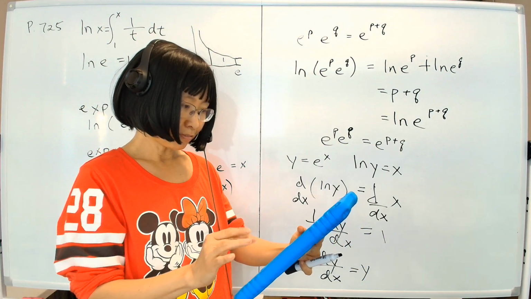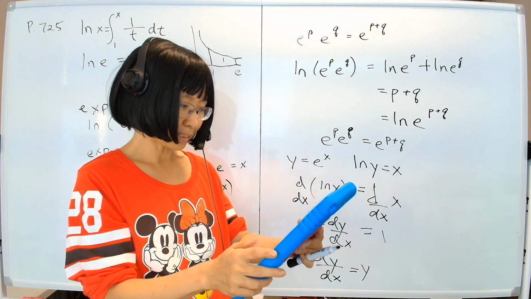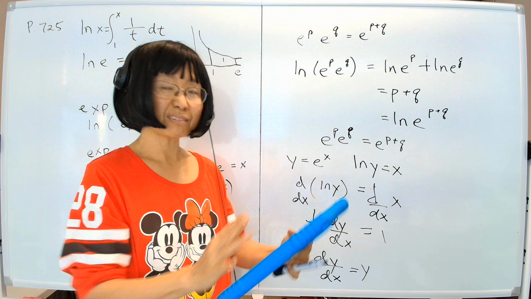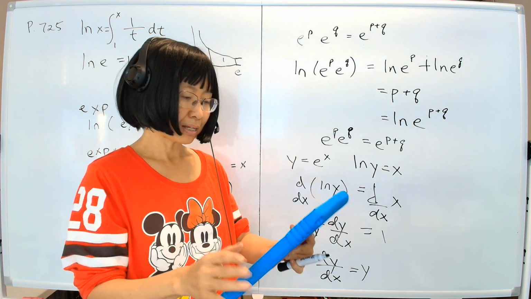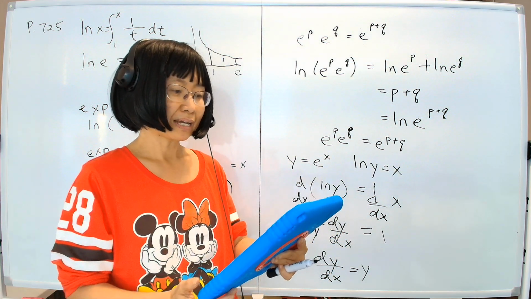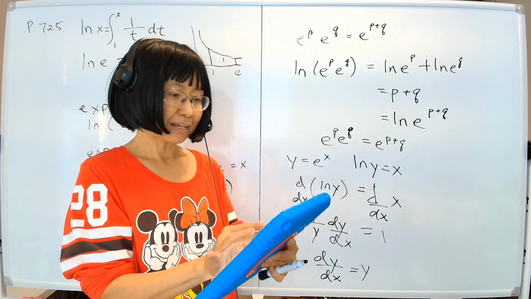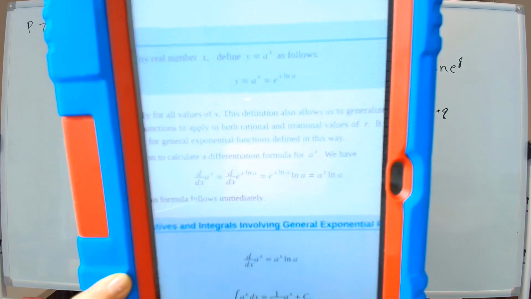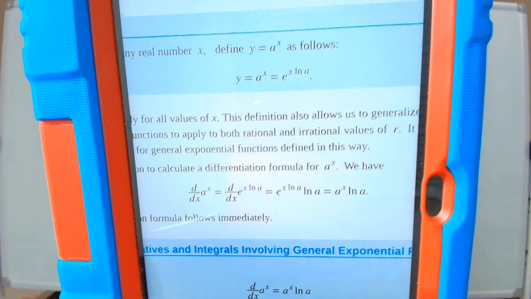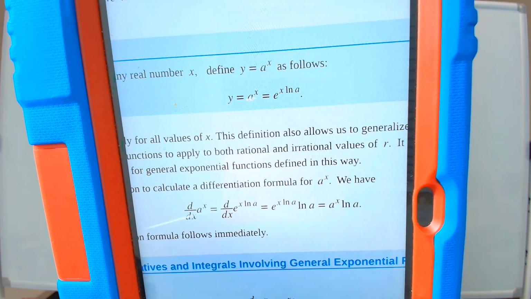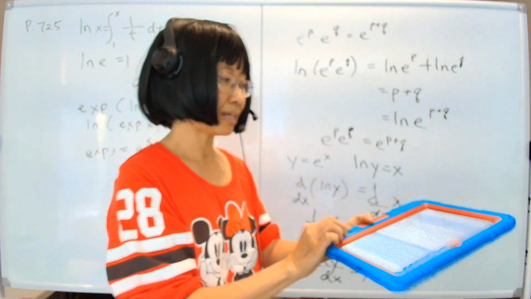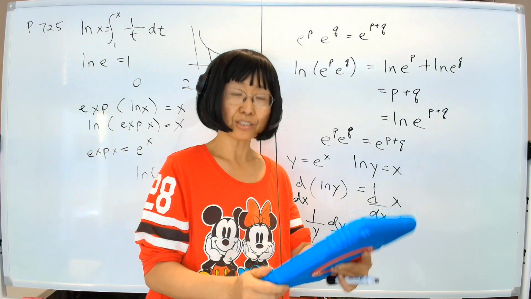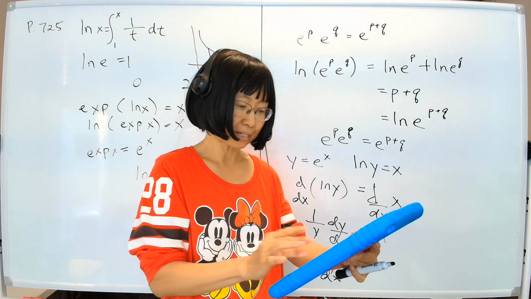Now, if you flip over a couple of pages to page 729, then eventually the alien will take care of the rational power problem by defining one last thing. What is y equal to a to the power x? Then a to the power x is defined as e to the power x natural log of a, and by then all the properties and proofs of that function are completely identical to what we've already learned.